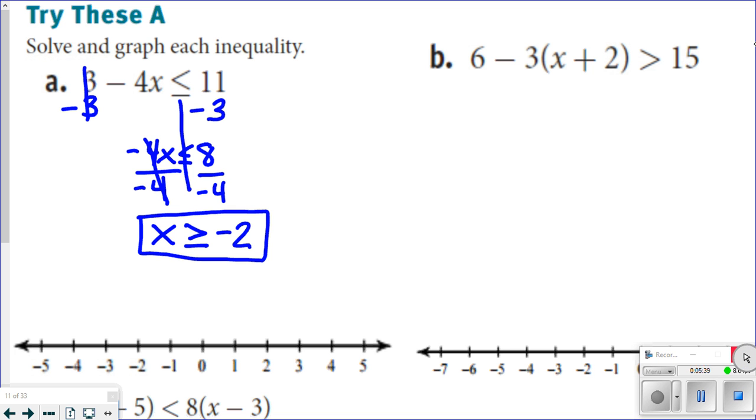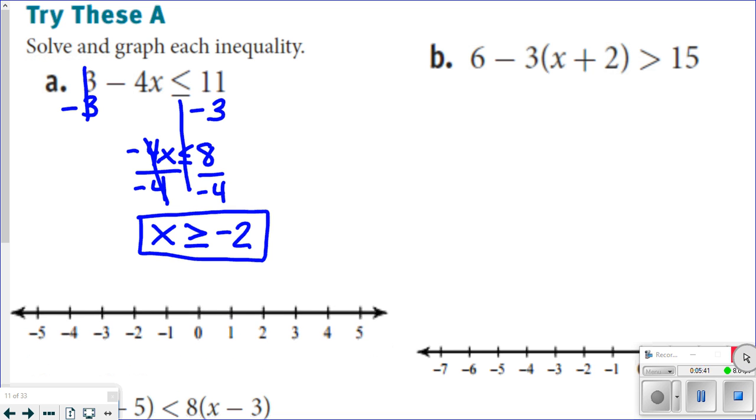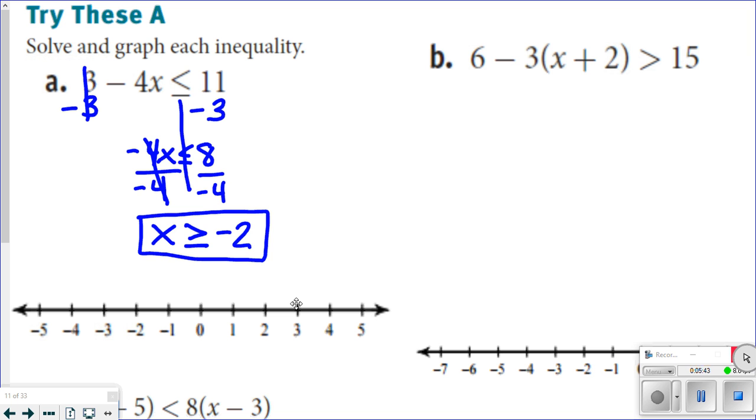That's my final answer. So let's graph this. Circle at negative 2. Colored in. Close the circle. Fill it in because we can include that negative 2 because of this or equal to line right here.